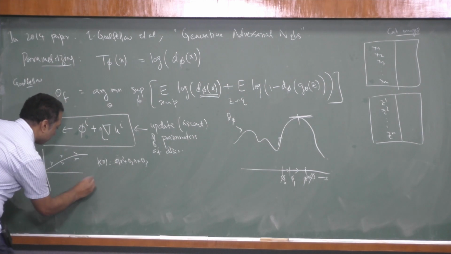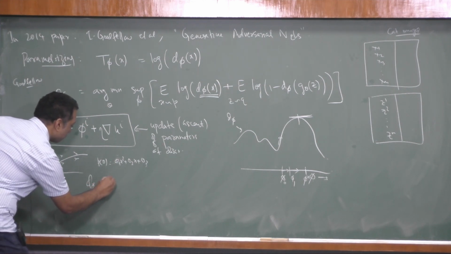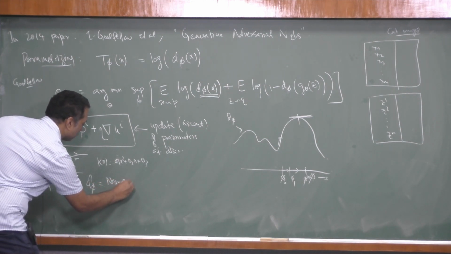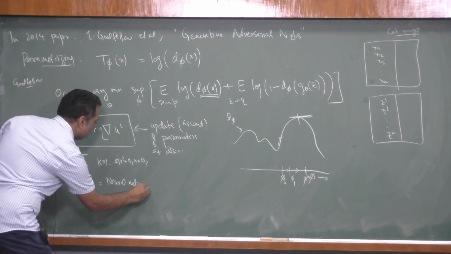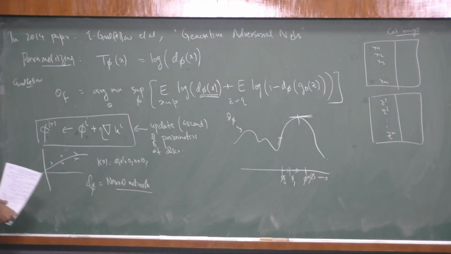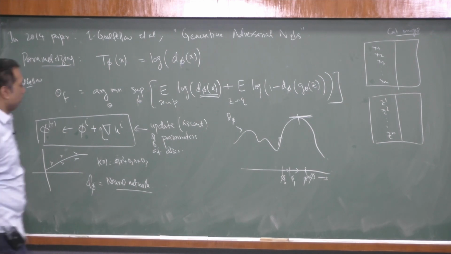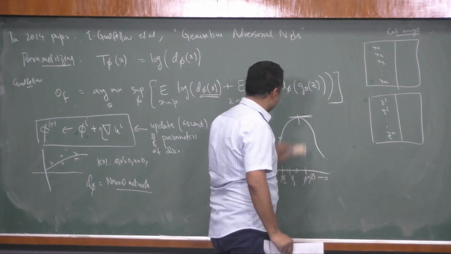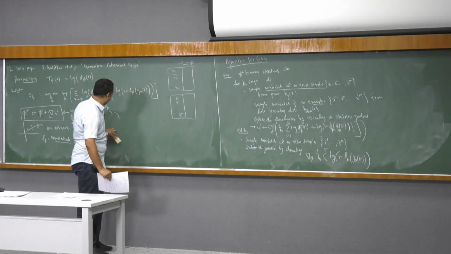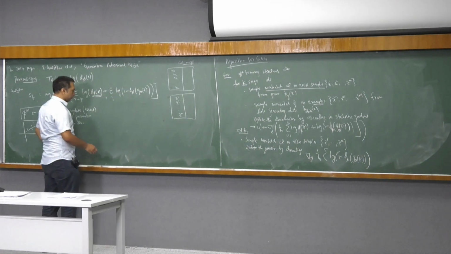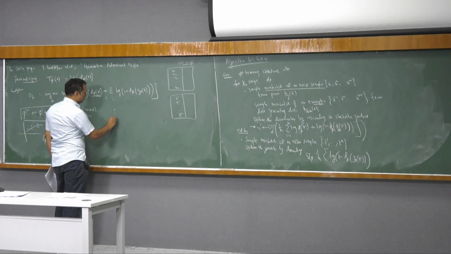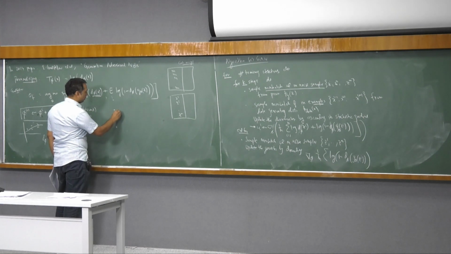So D phi is some neural network, and for our purpose we don't have to immediately go into neural networks right now, but a very basic idea could be given, and if we need, we will do it in detail a bit later.